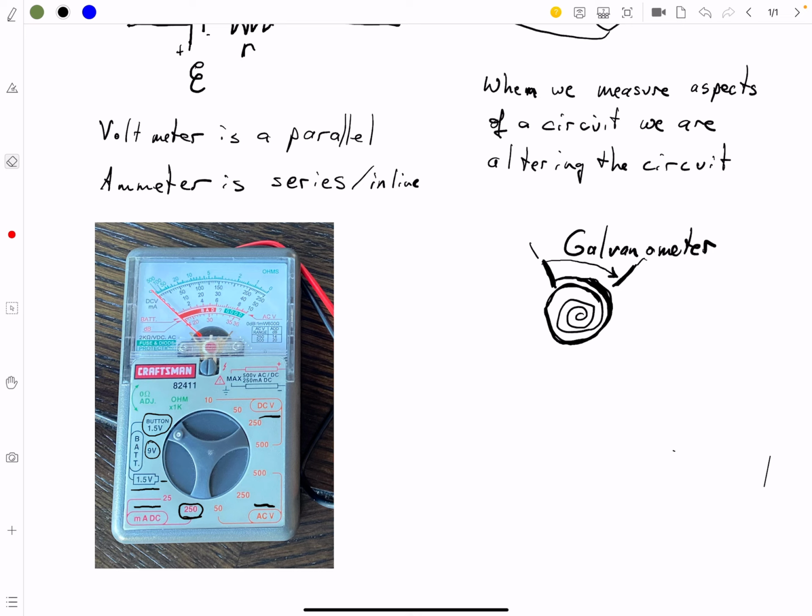Okay, so here's our galvanometer, and the needle is going to go like this. And if we are on a certain range, let's say we're looking for DC voltages of 250, it'll max out right here at this 250 line.